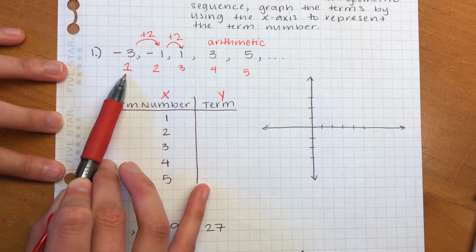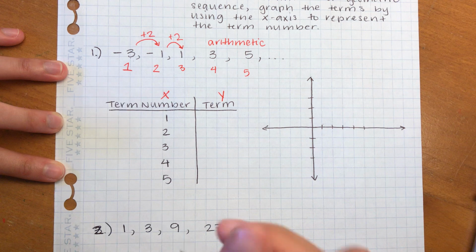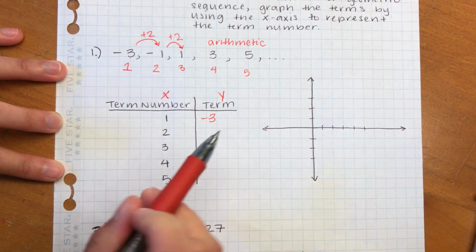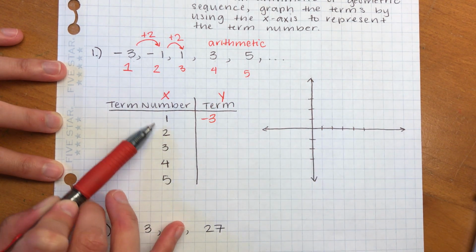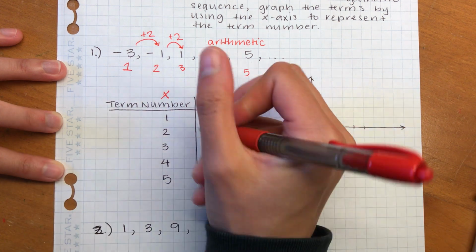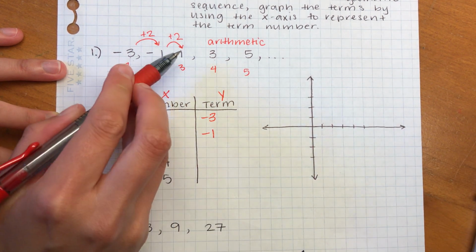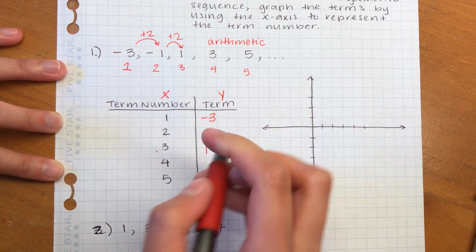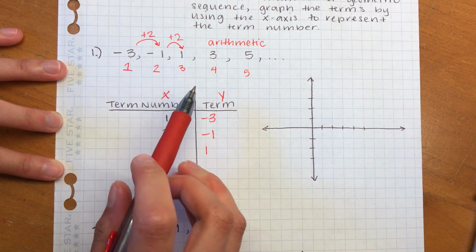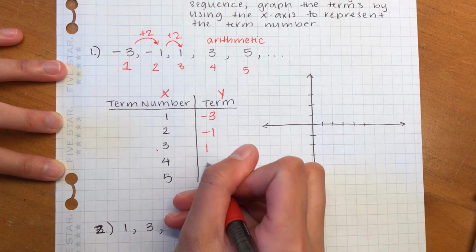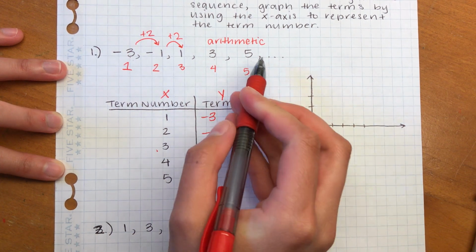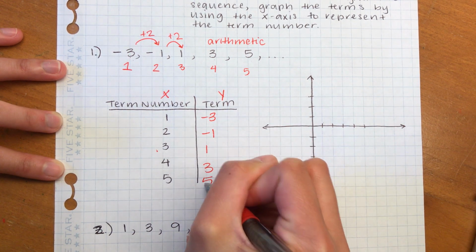So my first term number is 1. My term here is negative 3. My second term is negative 1. My third term is 1. My fourth term is 3. And my fifth term is 5.